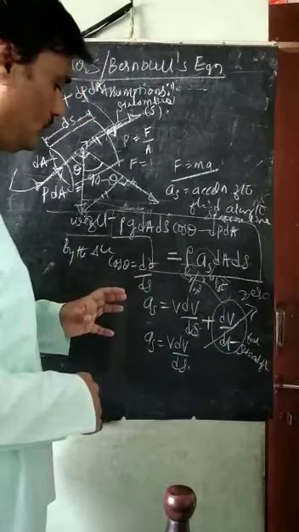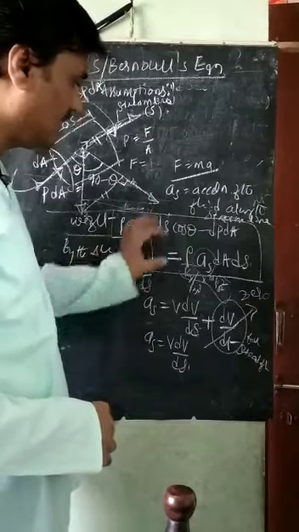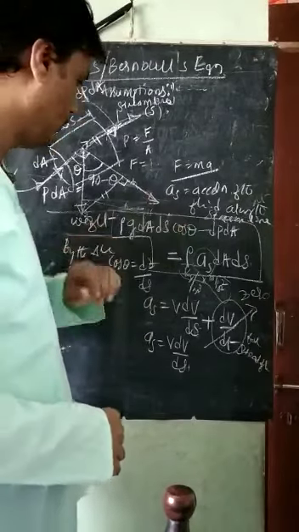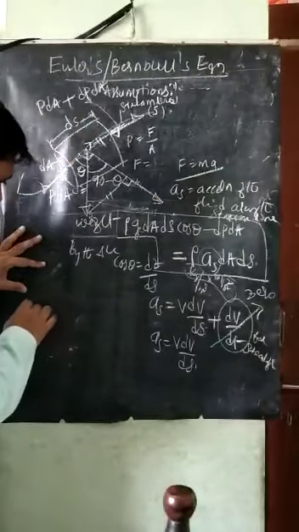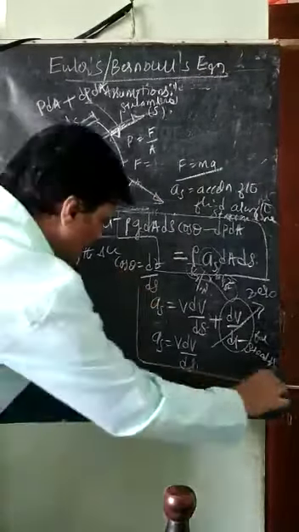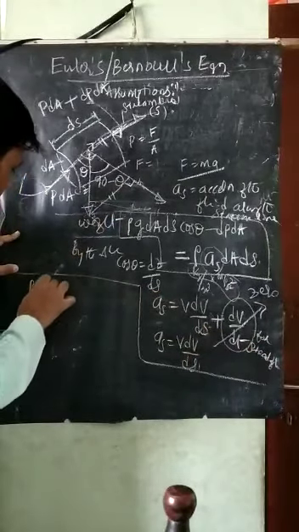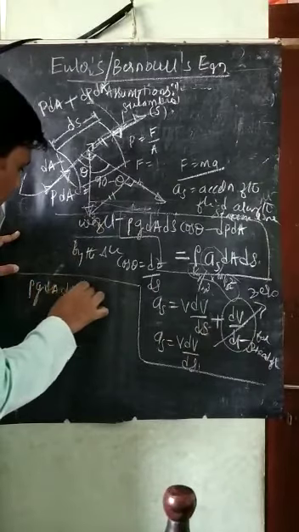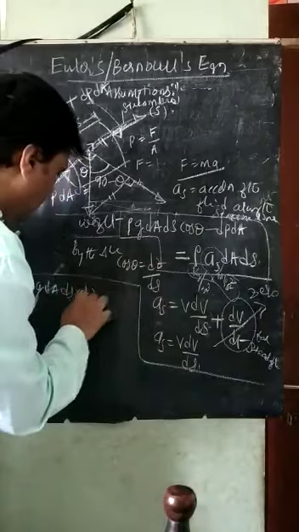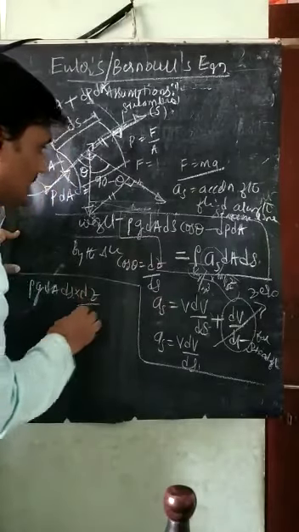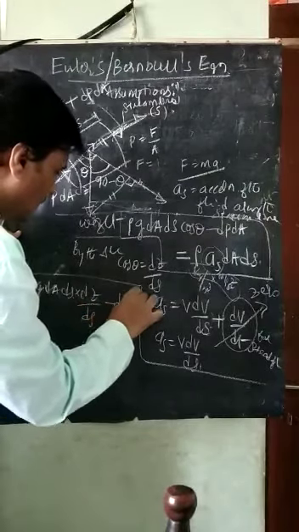Now I will substitute cos theta and AS in this relation. So it is rho g dA ds into cos theta, which is dz by ds, minus dp into dA.